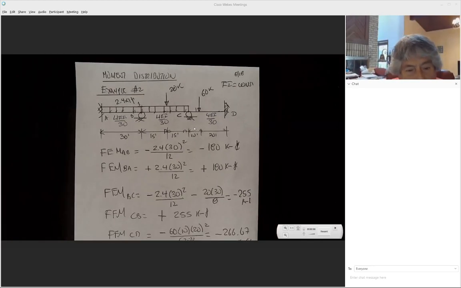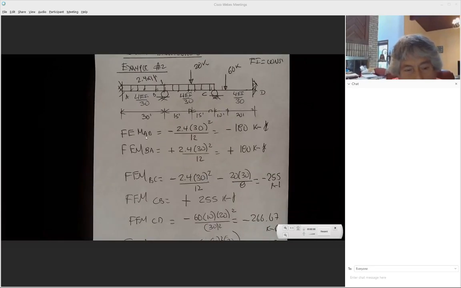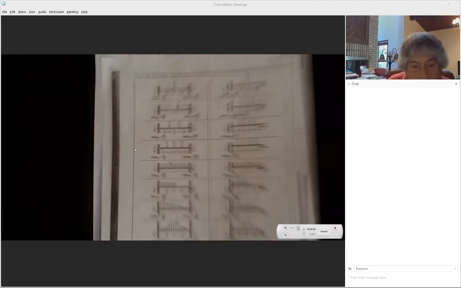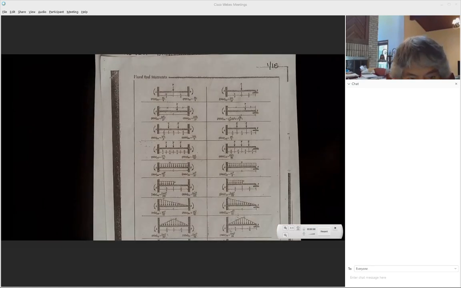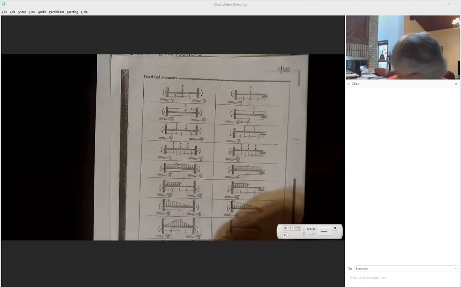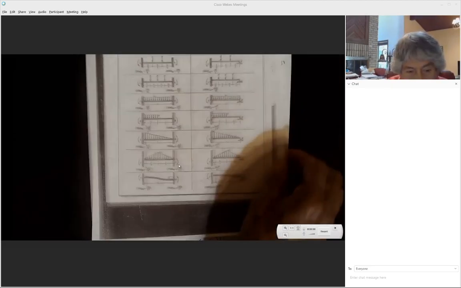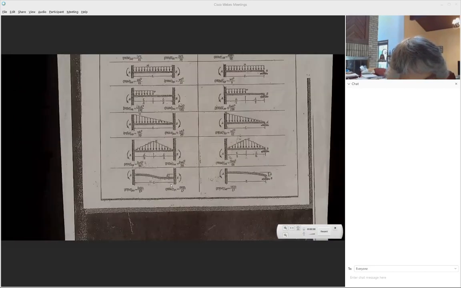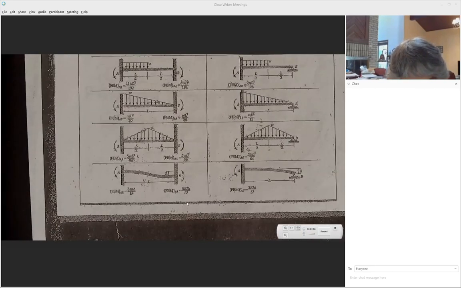And like any other problem, we had to compute the fixed end moment by using this table. So remember, in this table, all of the ones on the left are negative. All of the ones on the right are positive. The exception to the rule is the one at the bottom of the page, where both of them are negative and they go in the opposite direction to the movement of this beam.